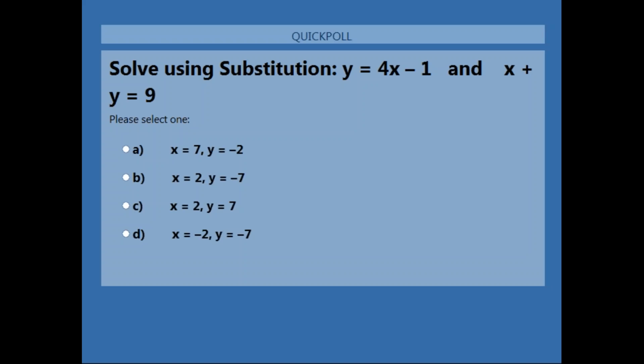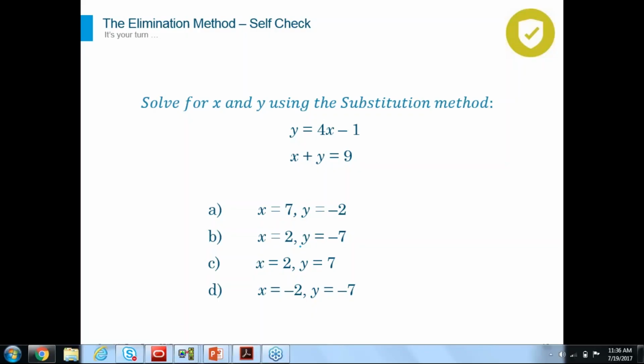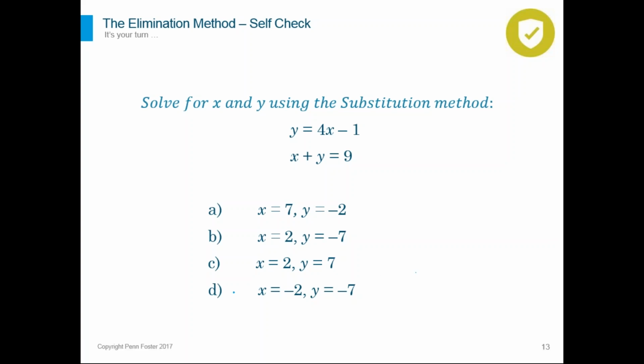Okay, let me share my final answer. As I said, if you did not have time today to finish this question with us, you can get the recording, pause the video, do the question, and check your answer. And the answer is C.